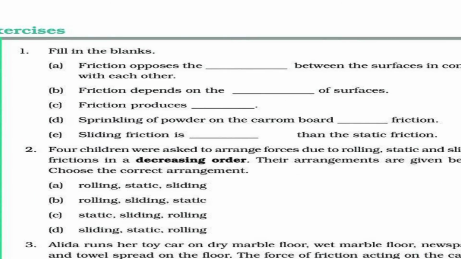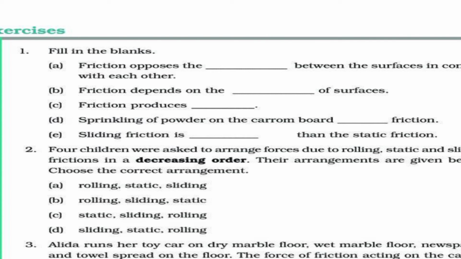The first one is fill in the blanks. Friction opposes the dash between the surfaces in contact with each other. What does it oppose? It opposes the motion between the surfaces in contact with each other.